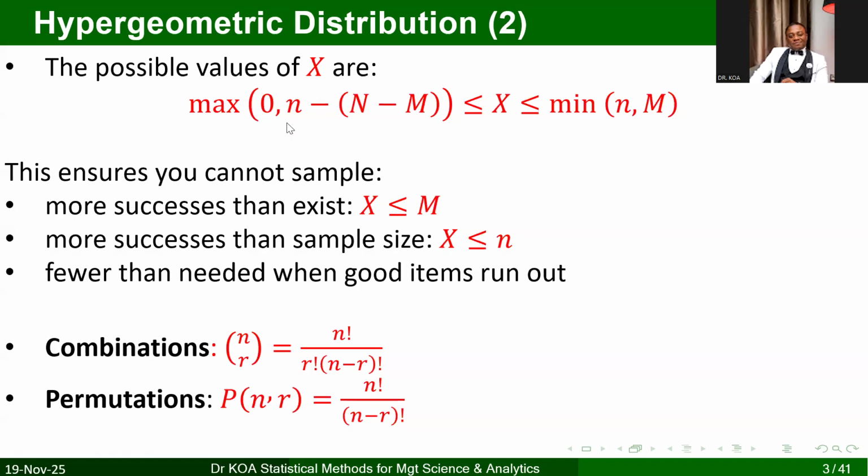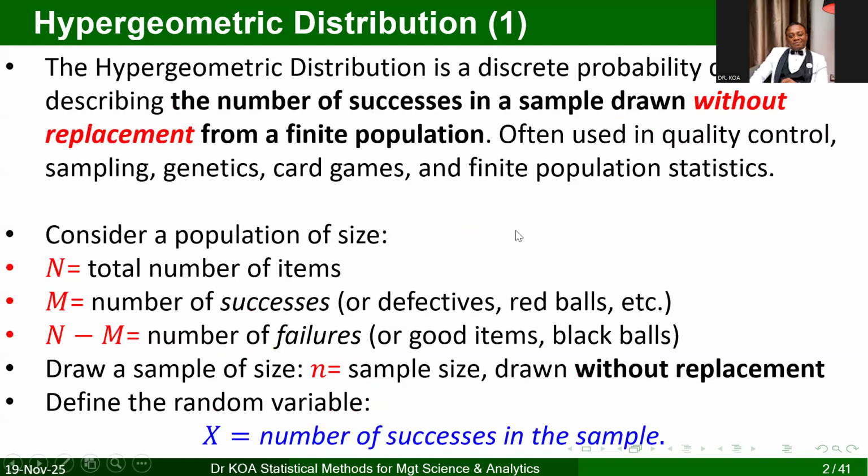When you have a range like this, it ensures that you cannot sample more successes than exist. In other words, if your success count is X, you cannot get more than M. Remember the way we define the M? The way we define the M is the number of successes.